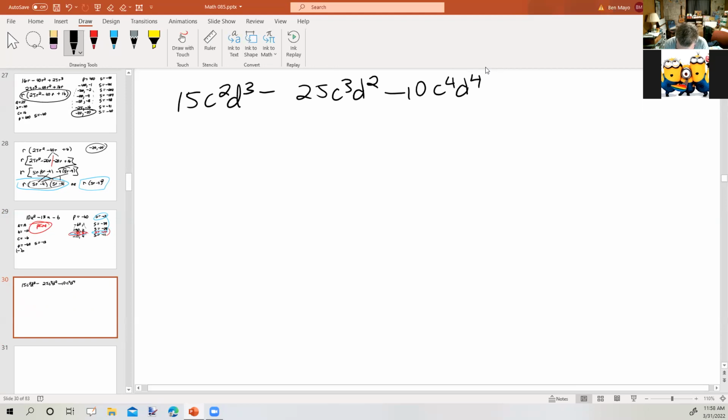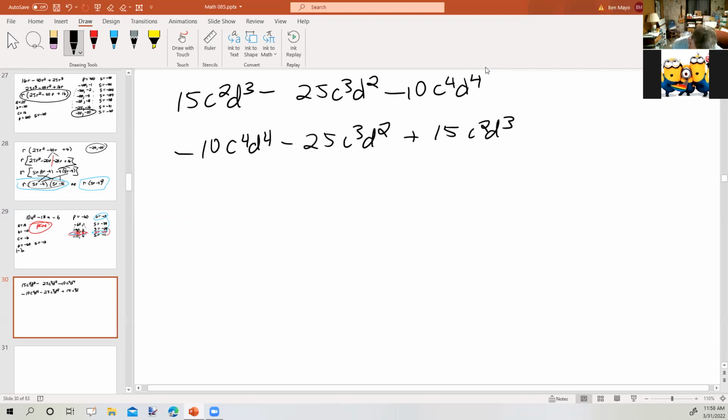So let's pick one. I'm just going to go with c. So I'm going to have c to the fourth, c to the third, c to the second. Okay. Any questions how I got from that first step to my second step there?